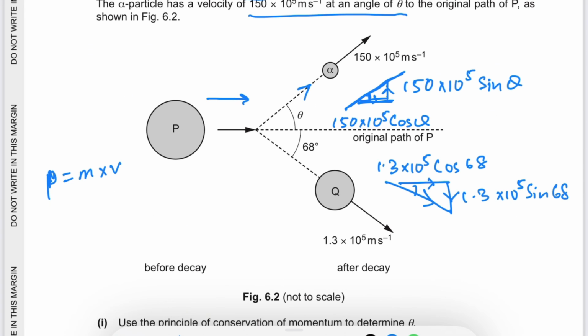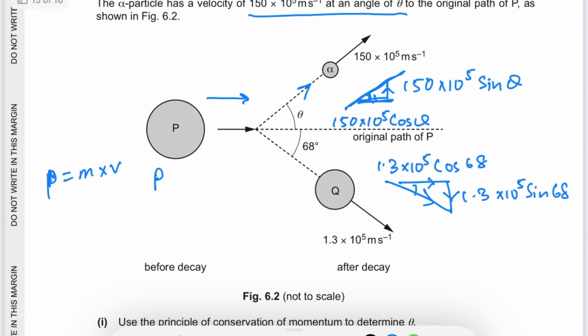So if you say that total momentum before explosion must be equal to total momentum after, we know that in the vertical dimension that is 0 before the collision, and then after, it's due to the vertical components of velocity of particles alpha and Q.